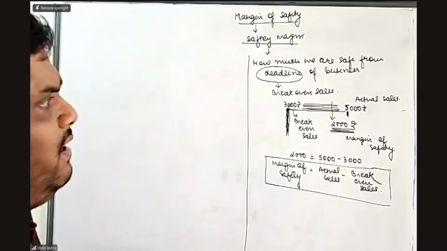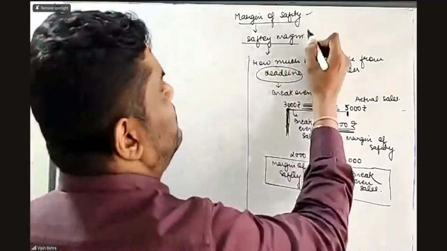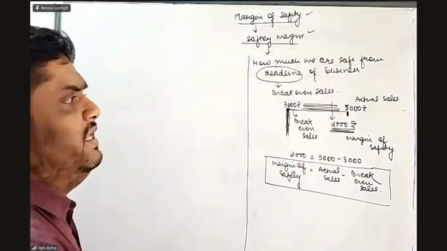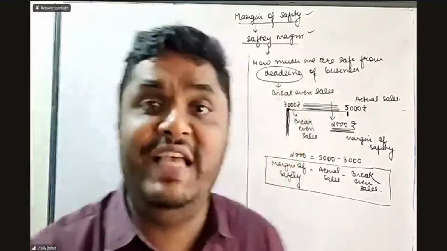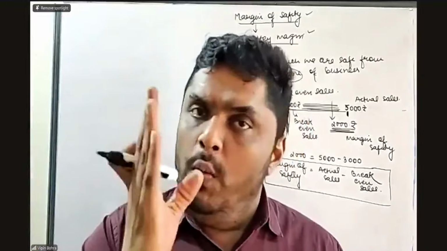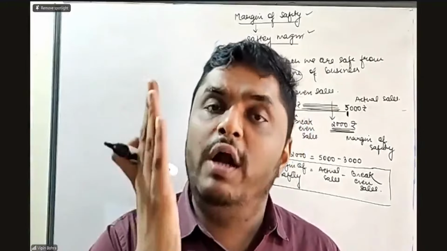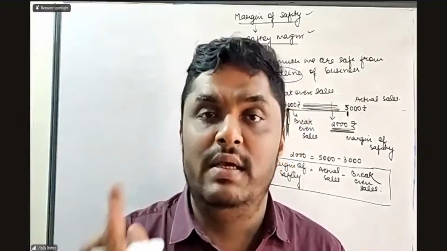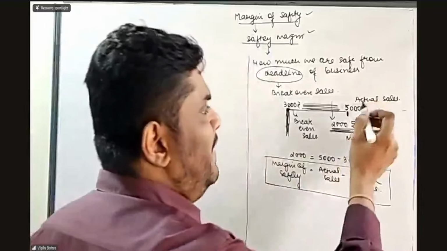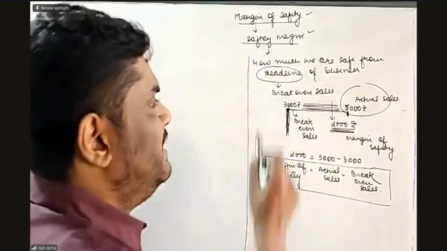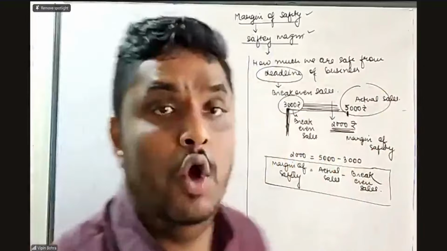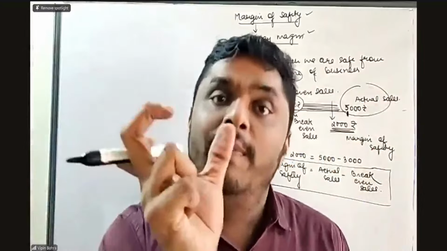I repeat again, when talking about margin of safety or safety margin, it is basically how much you are safe from the deadline of the business. When talking about deadline, it is my break-even sales. Currently I am at this level, that is my actual sales, and my break-even sales is 3,000. So how much I am safe? By 2,000 rupees.